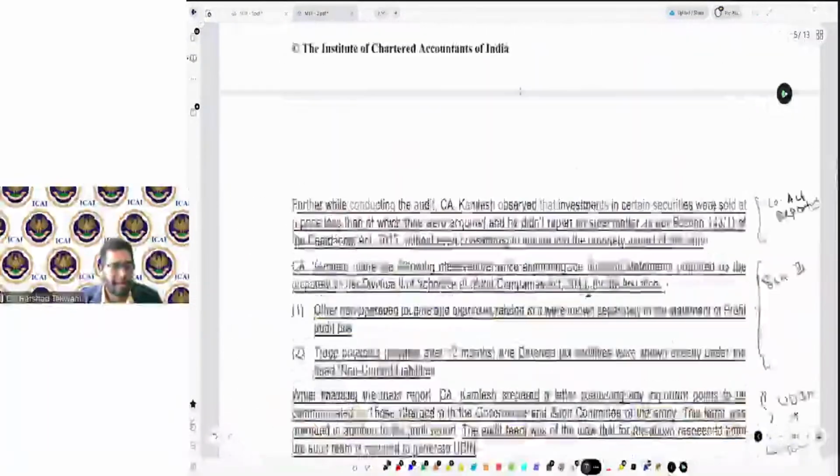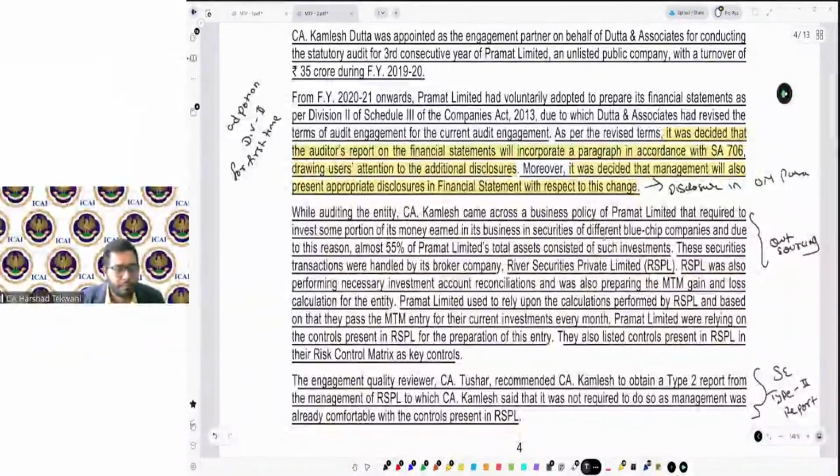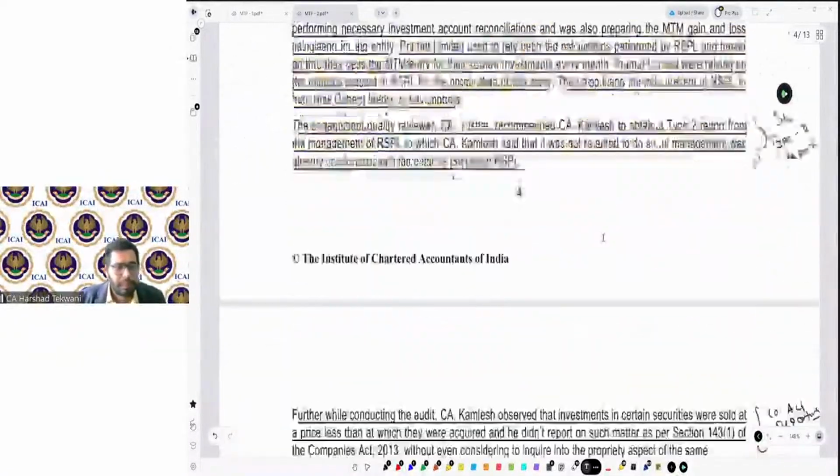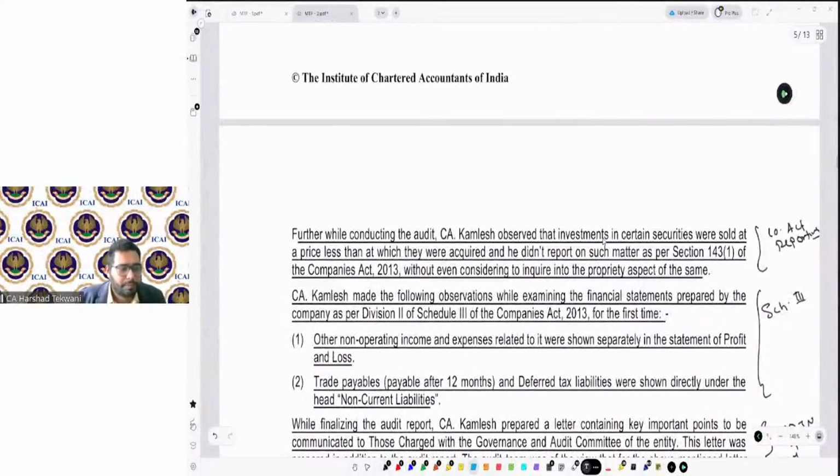See, what was the detail which was given over here? Further, Mr. CA Kamlesh observed that the investment in certain securities was sold at a price less than that at which they were acquired, and he did not report such matter under section 143(1) of the Companies Act 2013, even without considering to inquire into the proprietary aspect of the same.